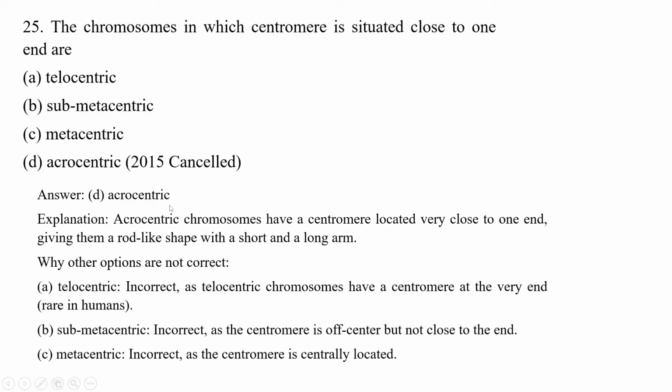Acrocentric will be the correct answer, because acrocentric chromosomes have a centromere located very close to one end, with a short and a long arm. Telocentric is incorrect, as a telocentric chromosome has its centromere at the very end. Submetacentric has the centromere off-center but not close to the end, and in metacentric it is centrally located. This is the correct explanation.